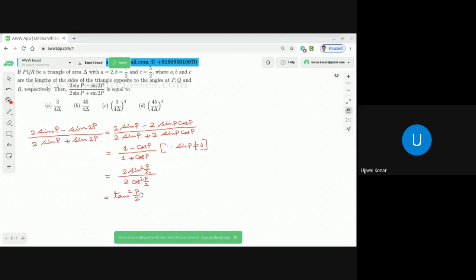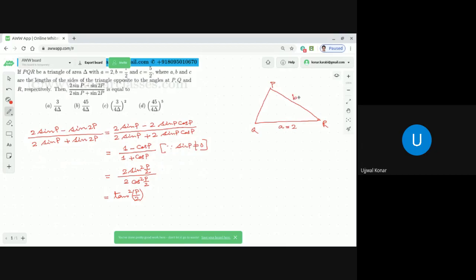Now, dear students, let's see what value of tan square P by 2 we are aware of. If you look into the formula, then if we draw a triangle something like this, in which this is P, this is Q, and this is R, and opposite to P we define A, and A is equal to 2 units, it is given.